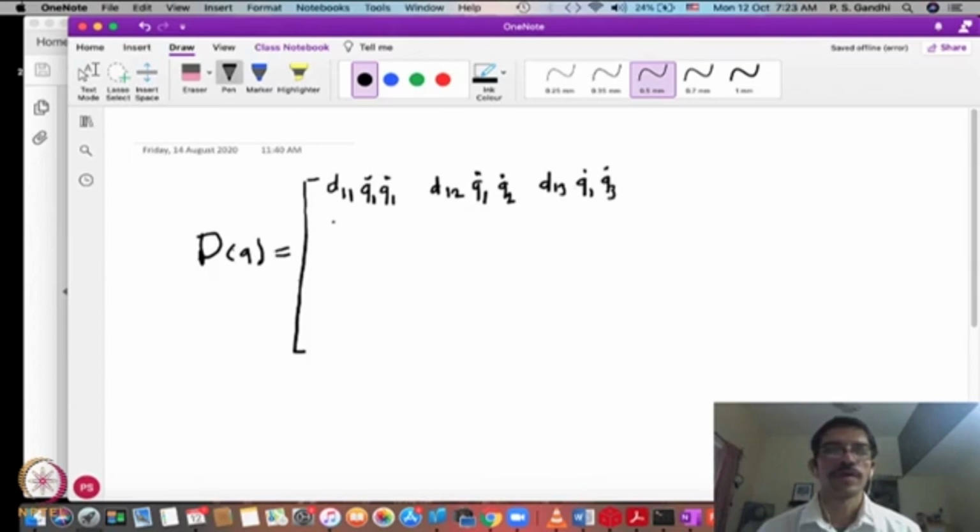And here D21, again Q2 dot and Q1 dot is coming here. So notice that this Q1 dot is coming here. Like that D31, Q3 dot and Q1 dot is coming here. So this is how the terms are going to come for the Q1 dot part of it.